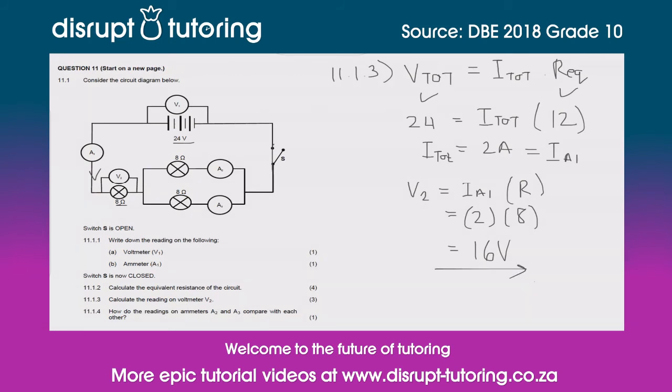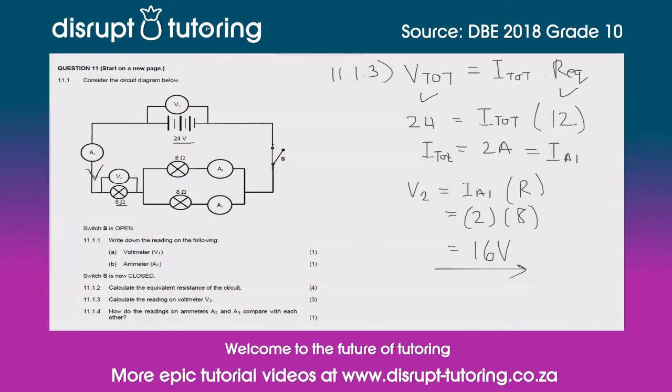Great. So then it asks, how do the readings on ammeters A2 and A3 compare with each other? So let's start with the way this current was going. This current is going to flow through here, it's going to go through there, and then it's going to split into these two sections. It's going to have a branch that goes there and a branch that goes there. But these resistances here are the same, which means that the amount of current that splits on either side is going to be the same.